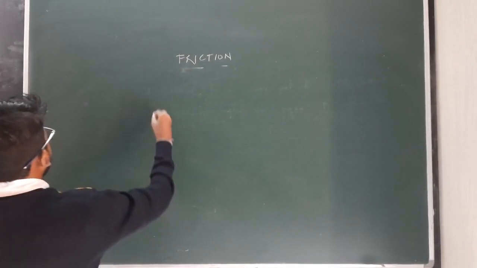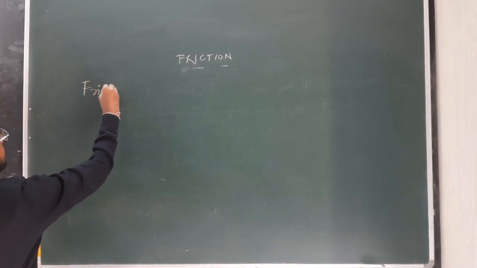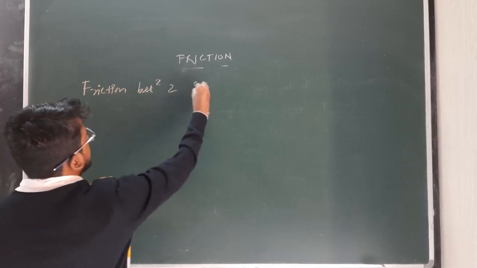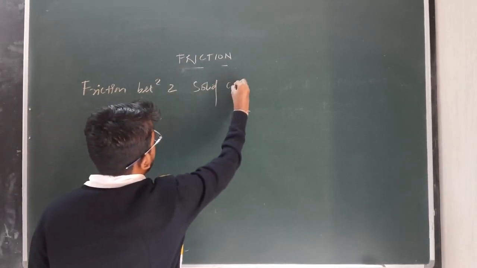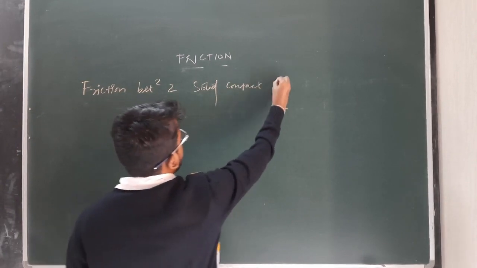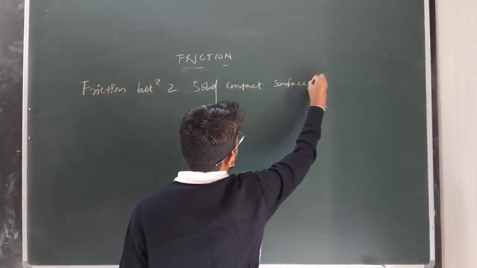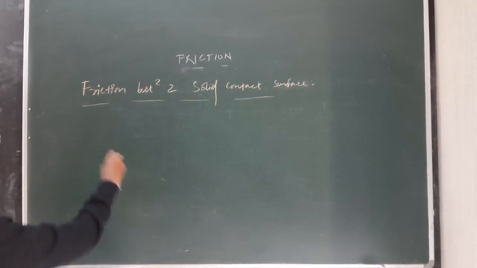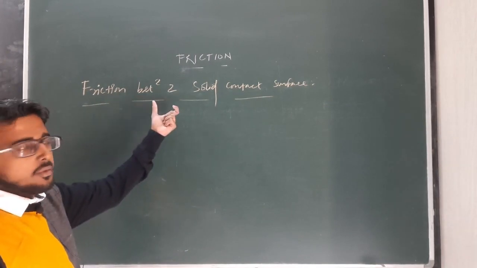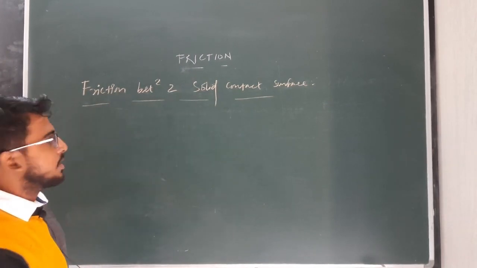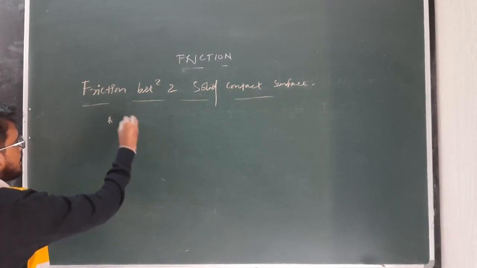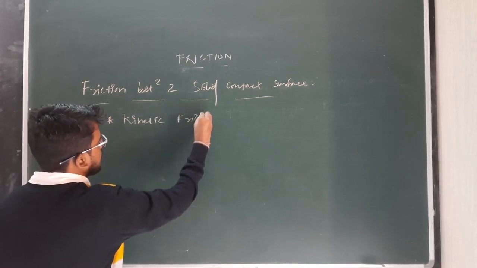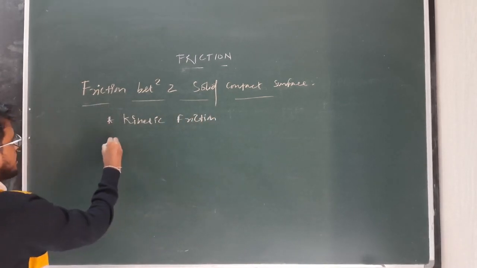So now we can write friction between two solid contact surfaces. Okay. So there are different types of frictional force which act whenever there are two solid surfaces in contact, and the types of frictional force are kinetic friction, static friction.